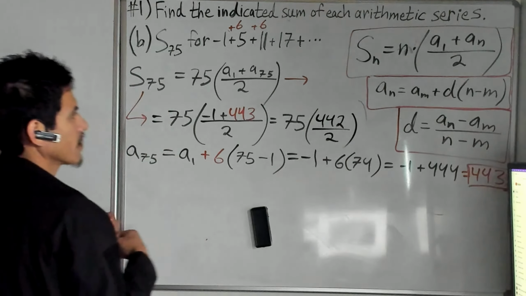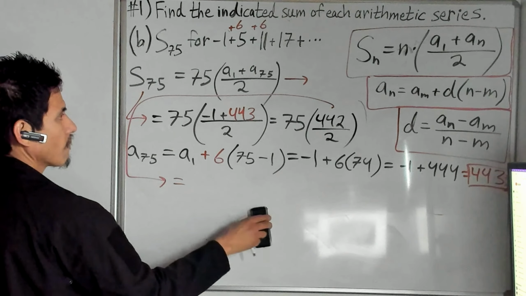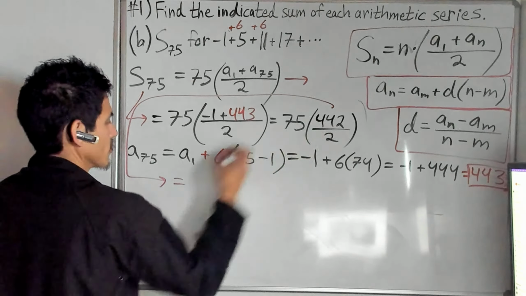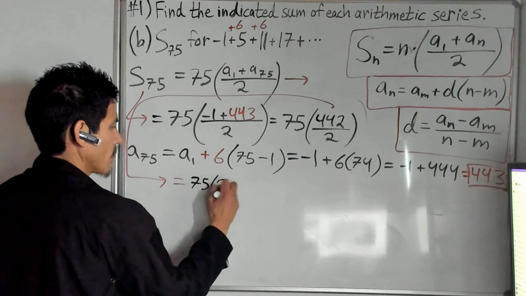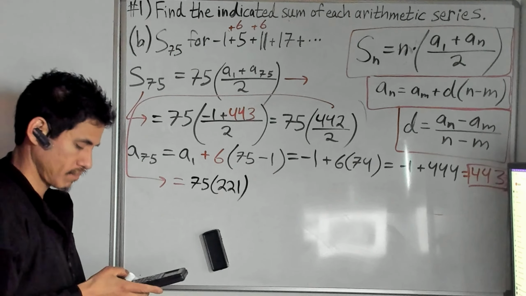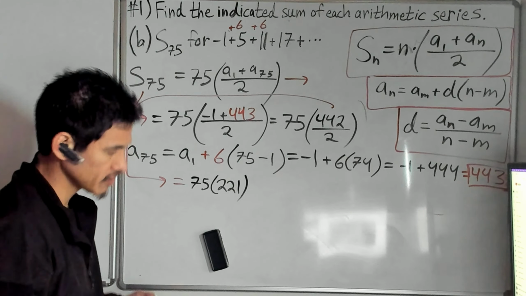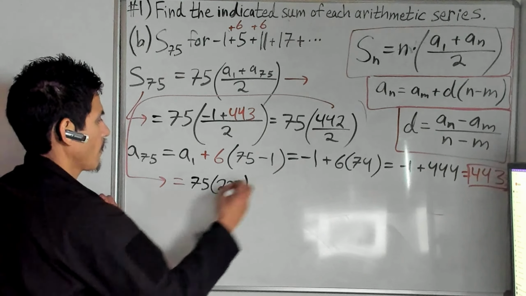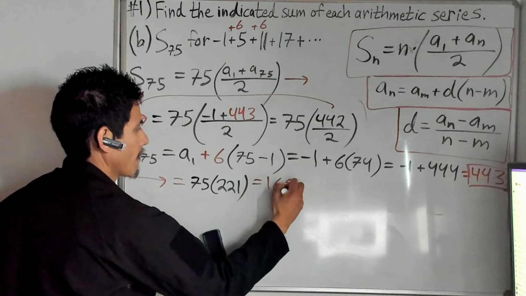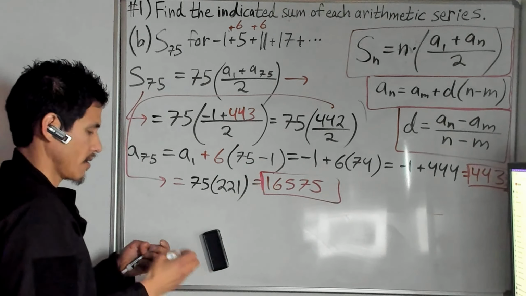I ran out again. Wow. Let's go back. 75 times 221. 16,575.